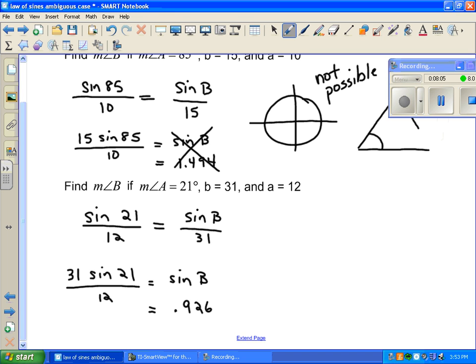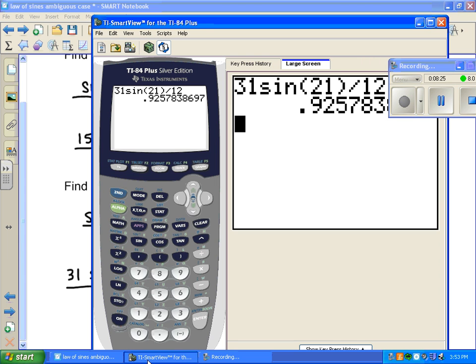Okay, so if I were to look at my unit circle, 0.926 is a value way up on the top, and I'm going to get a very big angle in quadrant 1, or just on the second side in quadrant 2. Now these two angles are not going to have much of a difference. Okay, so let's find out what they are.